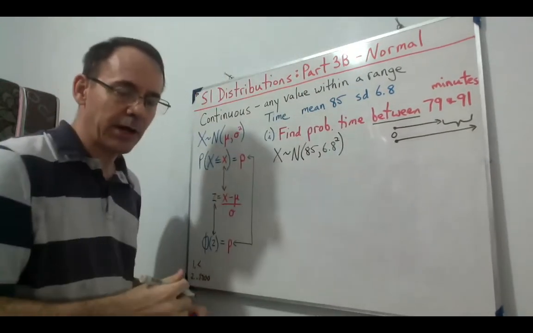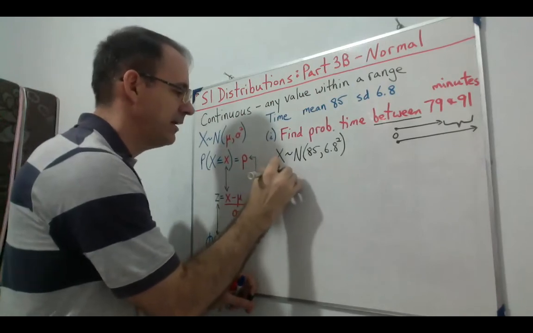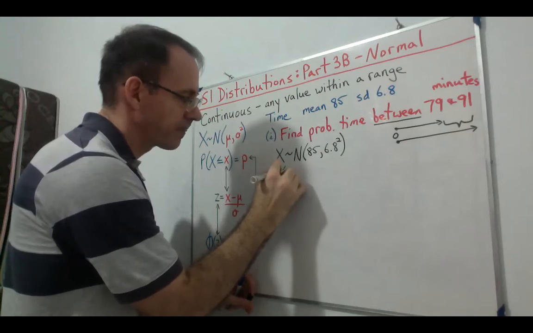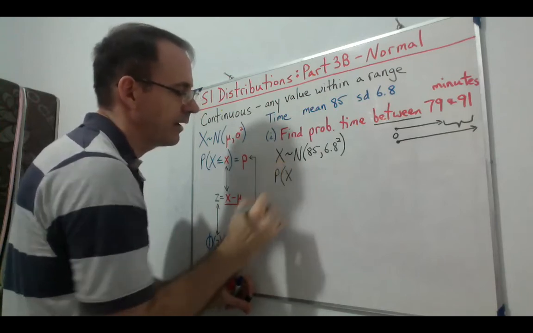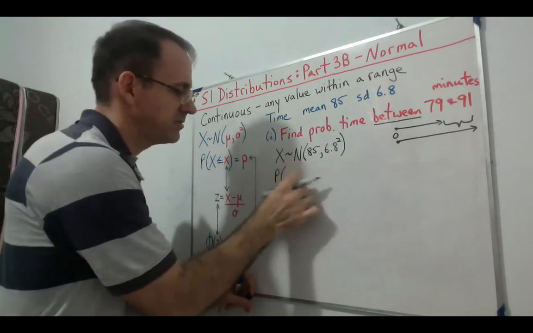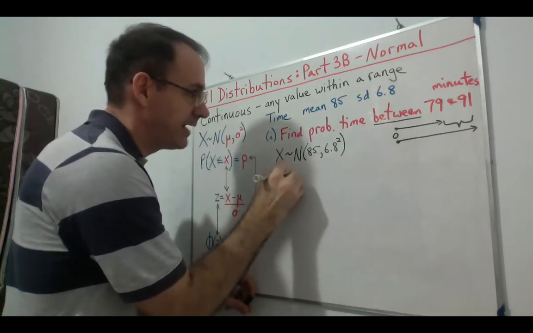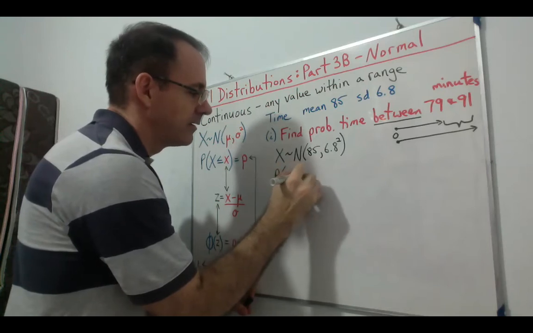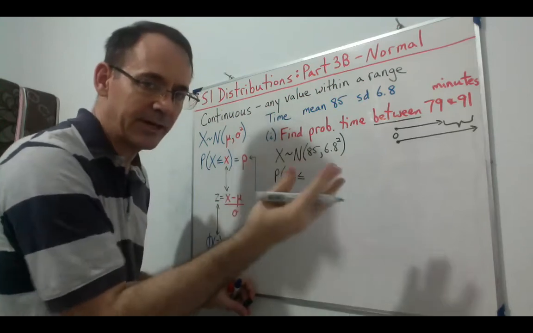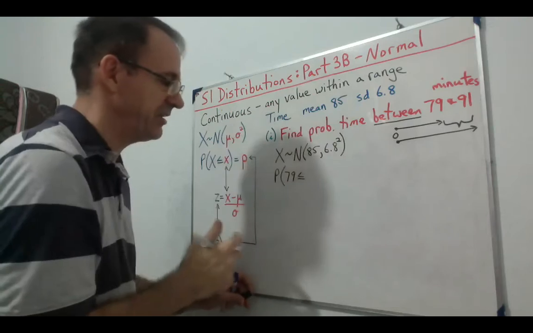So when you make your probability statement, you can make it like this. The probability that your random variable, and our random variable is t. Actually, let's change this to 79. And we'll include the equal to, but it doesn't really matter whether you put it or not. It doesn't change for normal because it's continuous.